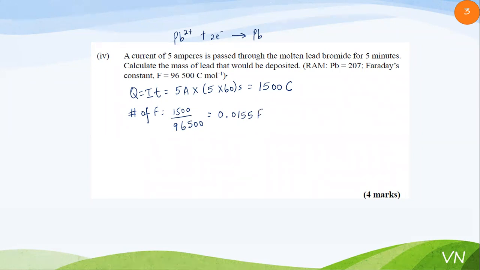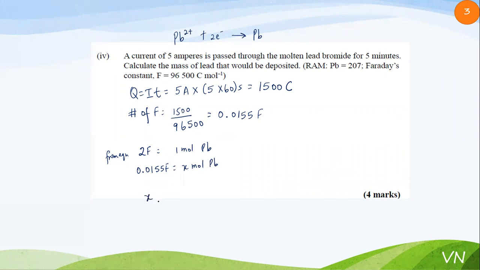Now from the equation, we get that 2 Faradays is equal to 1 mole of lead. So from our calculation, 0.0155 Faradays is equal to X moles of lead.